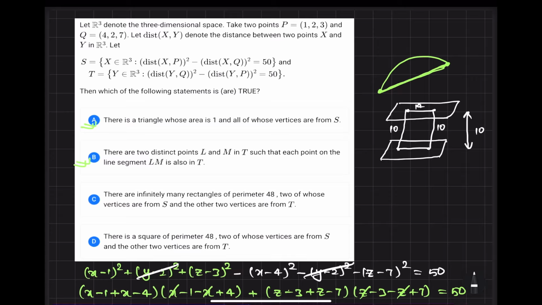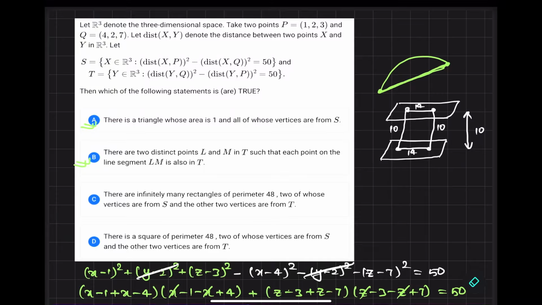So suppose this is 14 and this is 14. And the moment we start rotating this in such a way that these 2 points remain on the first plane and these 2 points remain on the other plane, we can have an infinite number of rectangles. This means option C is correct.